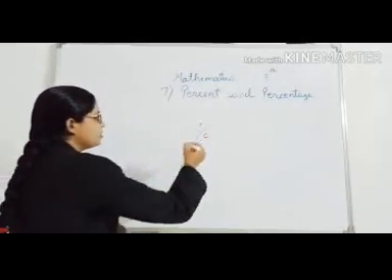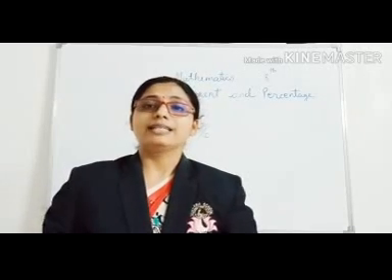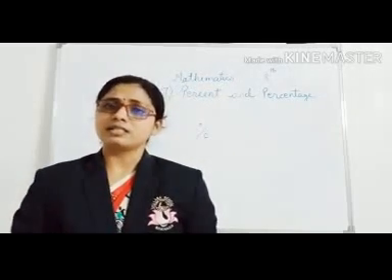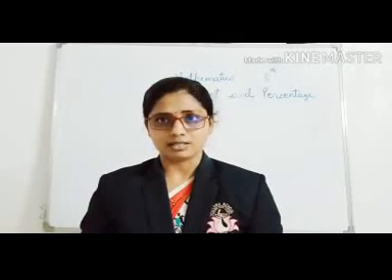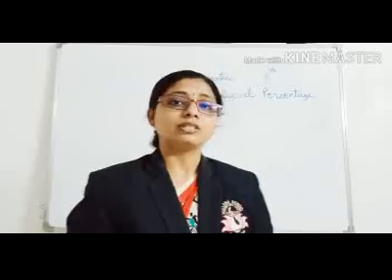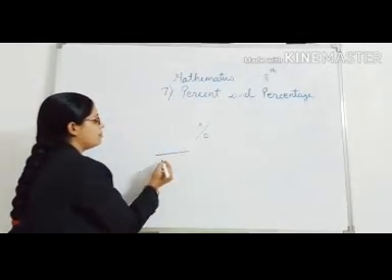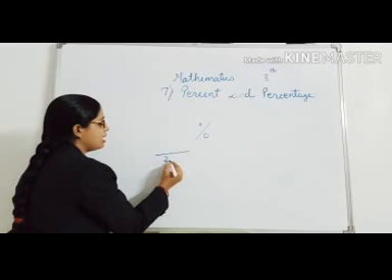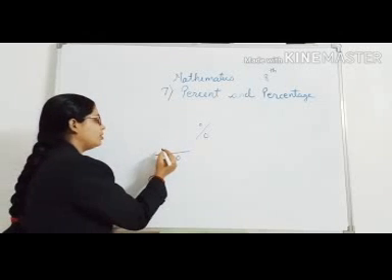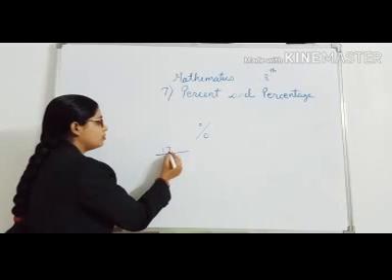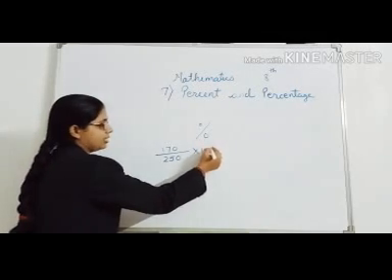Now, percentage is denoted by this symbol. So this is the symbol used for finding the percent. Then how do we find the percentage in a general way? If you want to take out the percentage of your own marks, how will you find it? Just have a look. Suppose your subject's maximum mark is 250, and you have scored about 170, multiplied by 100.